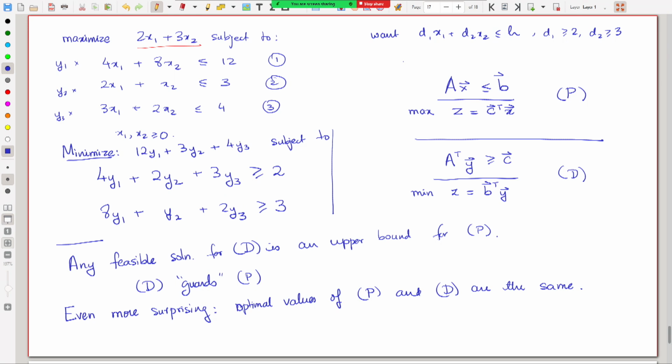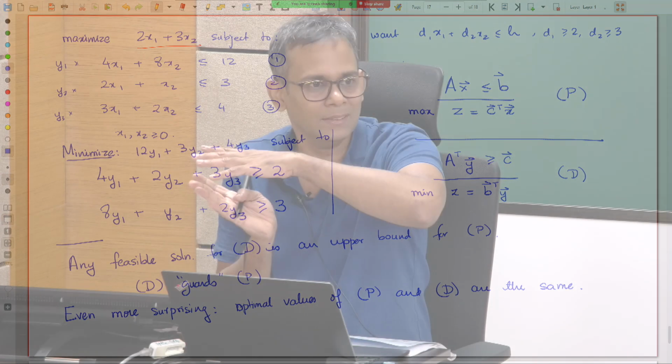And we also know that every feasible value here guards the other one, because it comes from taking the equations of the primal, doing some non-negative linear combination, and so it will definitely guard, right. So just from this very simple analysis, we have concluded that this has upper bound 5, this has lower bound 5.